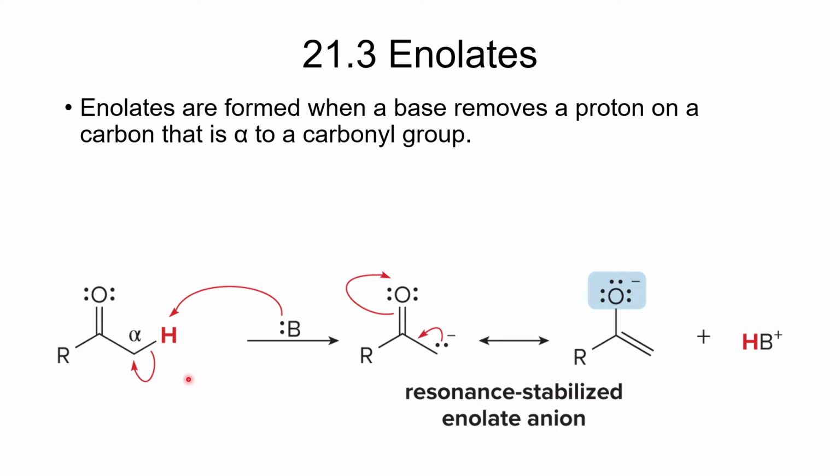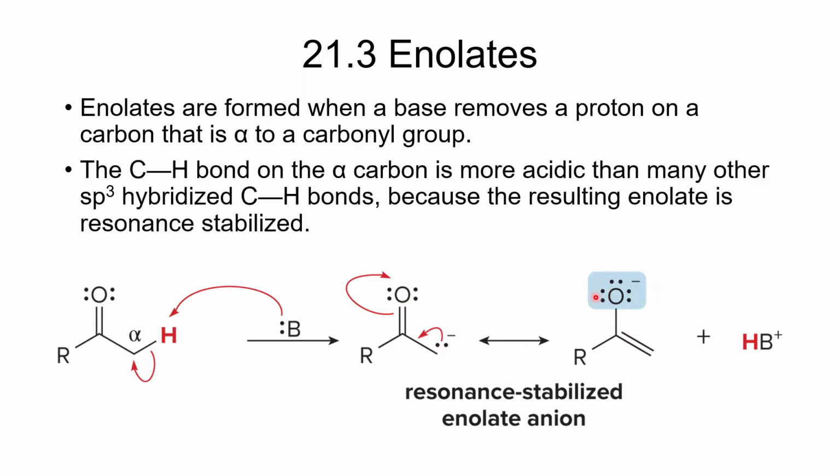But we're going to deprotonate it, and when we do, we'll get a negative charge on that carbon, but we can do resonance stabilization where we move the charge around and move the double bonds around, and that puts the negative charge on the oxygen. Because we have one of our resonance structures that has the negative charge on the oxygen, that means this is pretty stable compared to other carbon hydrogens.